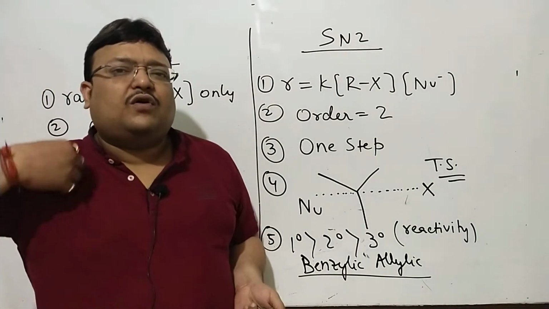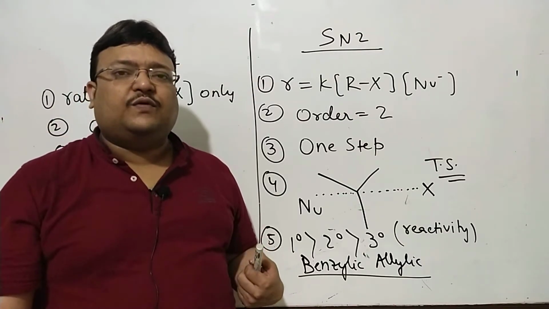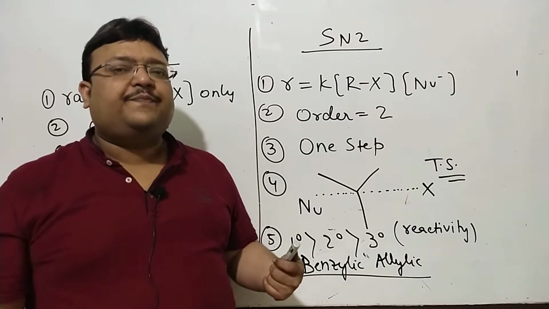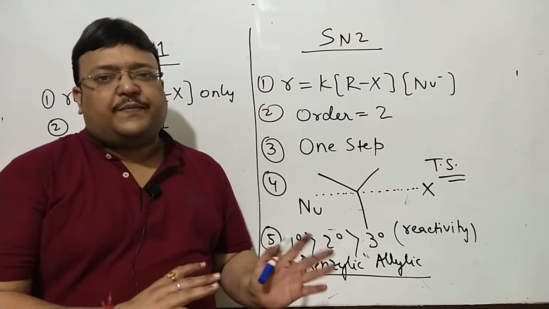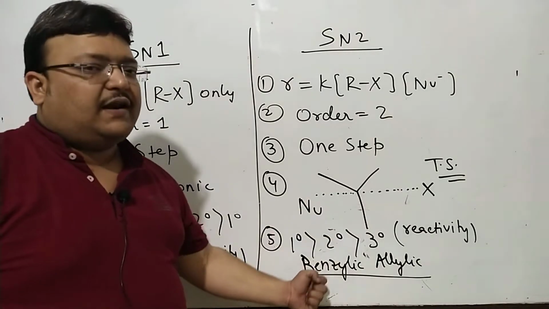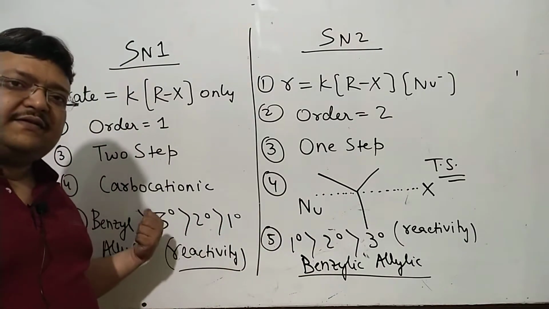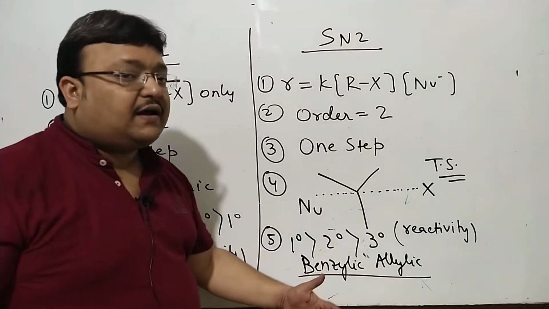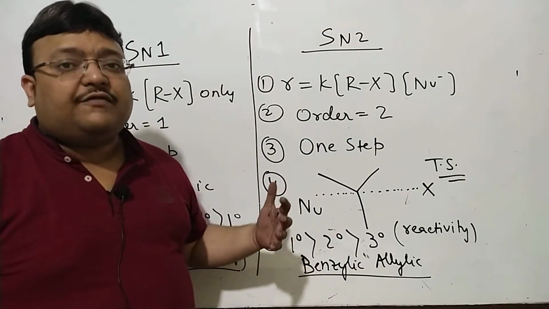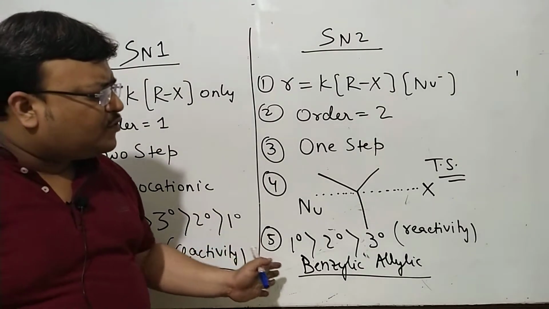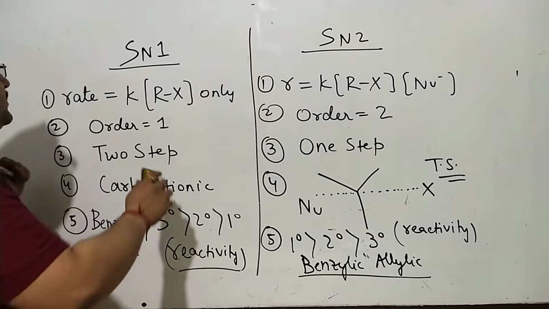So it's not like on all fronts SN1 and SN2 are going to be absolutely opposite in nature. Some factors are going to be common to them. This is one of them. Benzylic or allylic halide, SN1 is feasible, even SN2 is feasible. Benzylic allylic halides in general are reactive towards both, SN1 के लिए भी, SN2 के लिए भी. I'm going to talk about it when the time is right.